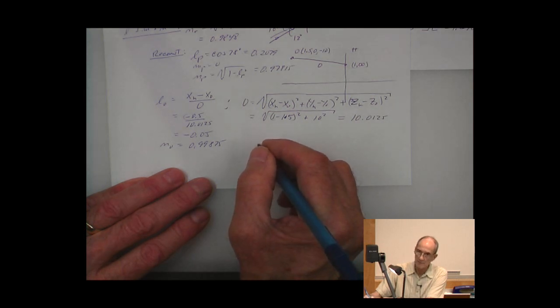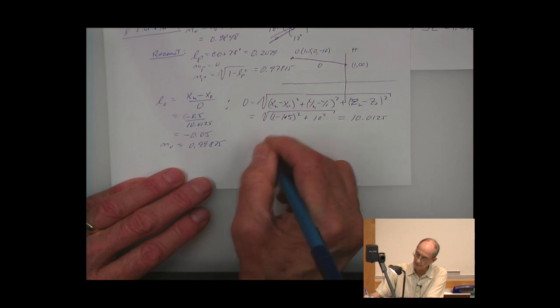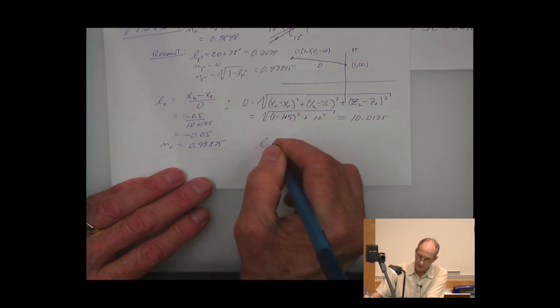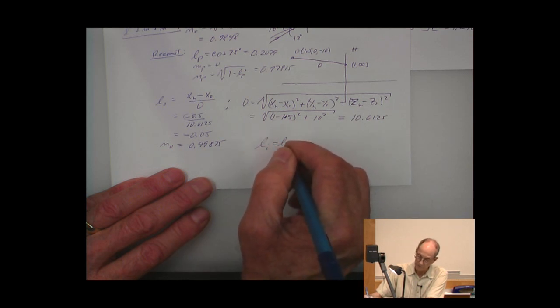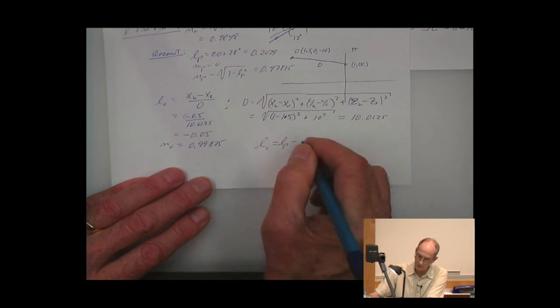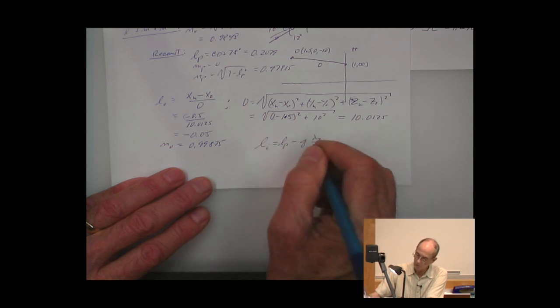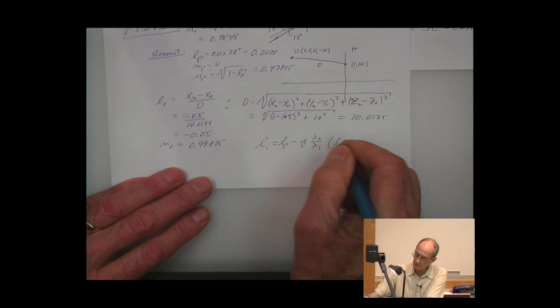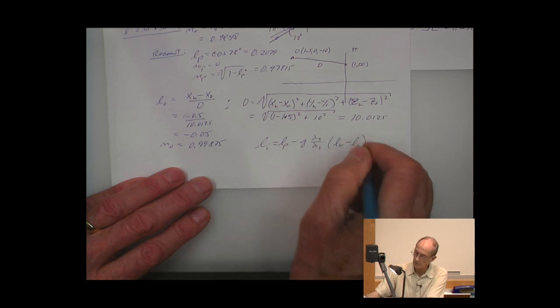Okay. Now, in order to get the image direction cosines, which was actually what the question asked, we have Li equal to Lp minus Q lambda 2 over lambda 1 times (Lr minus Lo).